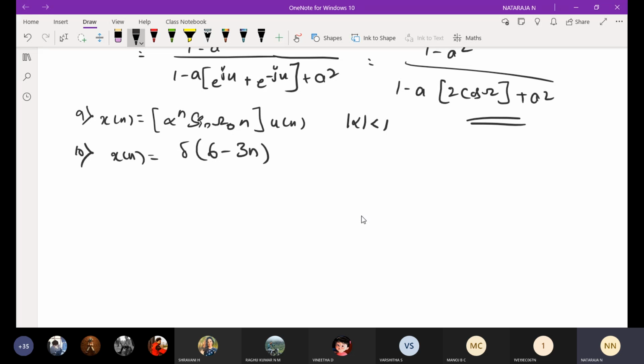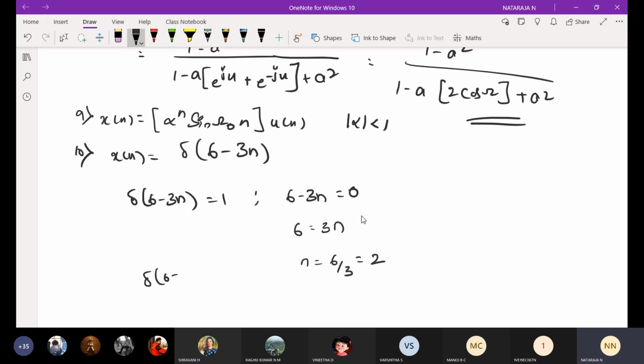See, they had given the delta function. Delta of 6 minus 3n is equal to 1 when 6 minus 3n is equal to 0. Now you find the value of n, so that 6 is equal to 3n, when n is equal to 6 by 3, that is 2. For this signal delta of 6 minus 3n e power minus j omega n, when n is equal to 2, this will be 1.